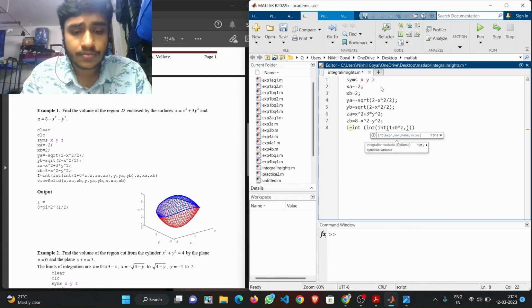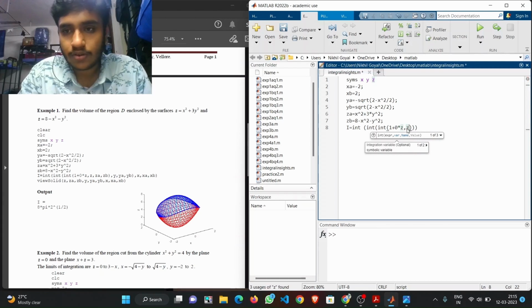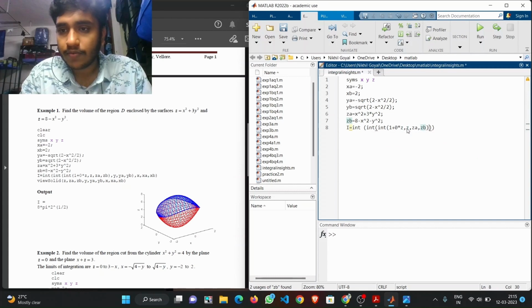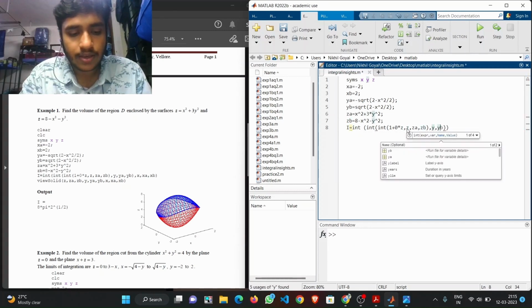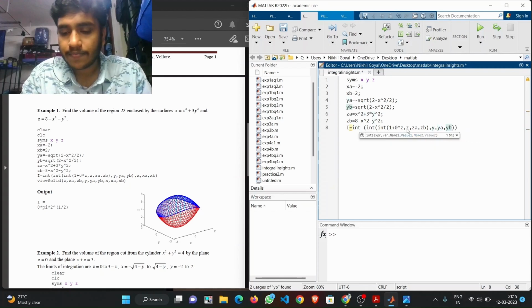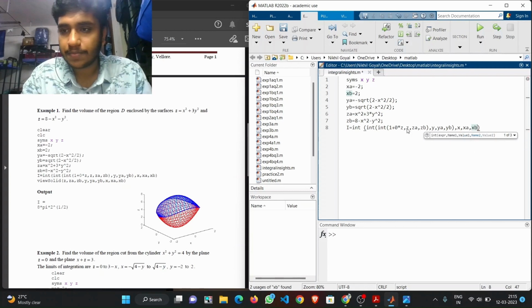We can't simply write 1, because we are integrating with respect to z, so we need to have z in our function for integrating. So z, then za, then zb, and then we'll again integrate with y, comma ya comma yb, and again x comma xa comma xb, and then terminate the line.